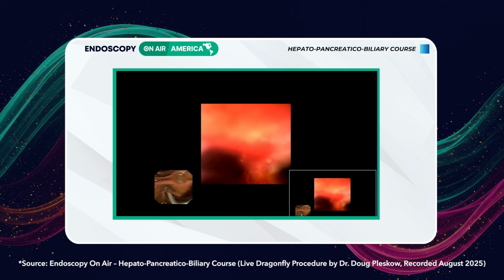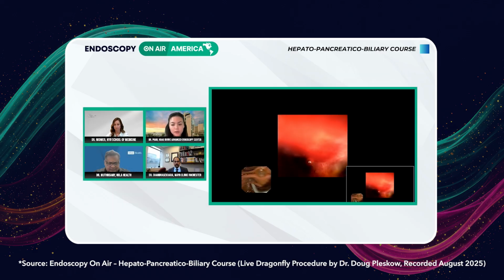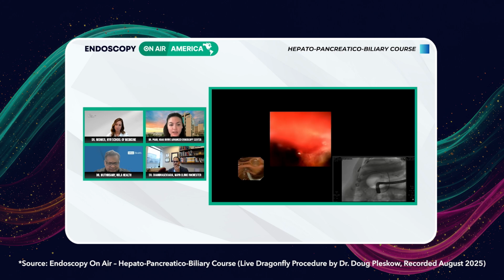Dr. Pleskow, this is Jennifer Fan from Hoag. Beautiful demonstration thus far. Can you comment a little bit about the natural learning curve that you found when using this device, given its more novel mechanical mechanism? Right. So I would say you probably need 4 to 5 cases to be able to learn how to use this instrument.